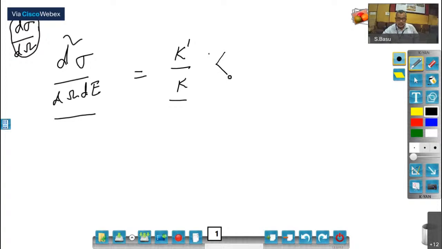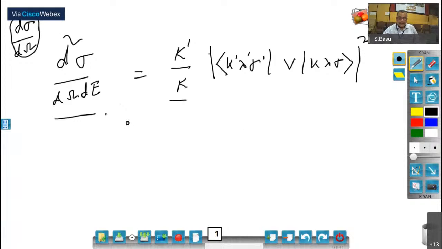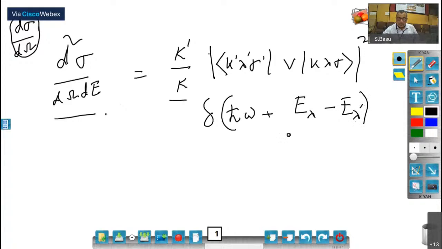This was <k prime, lambda prime, sigma prime | V | k, lambda, sigma>. A square of that, because I am putting a cross section here and not an amplitude, so there is a square here. And I am putting a delta function by hand to bring in the energy conservation. So this I have put by hand in my equation.